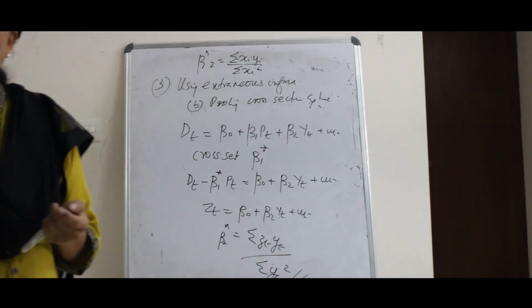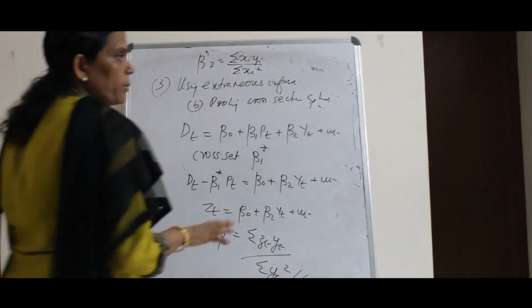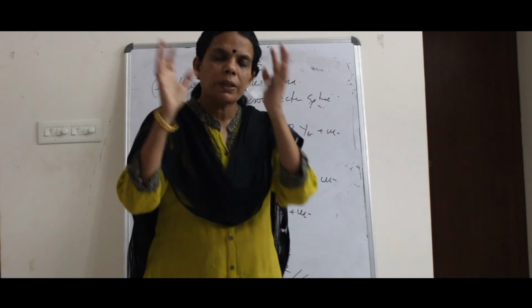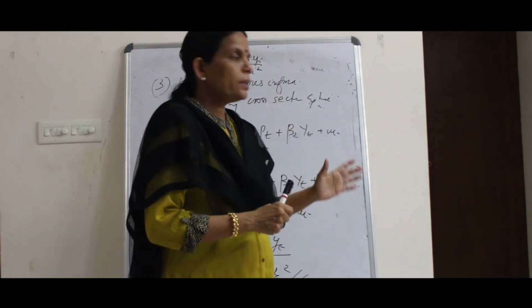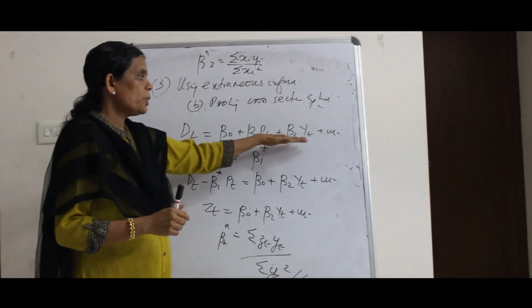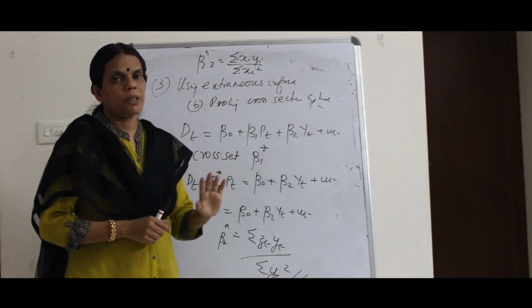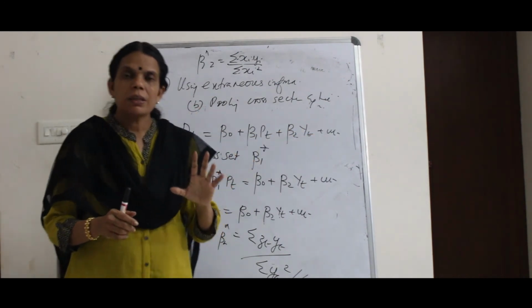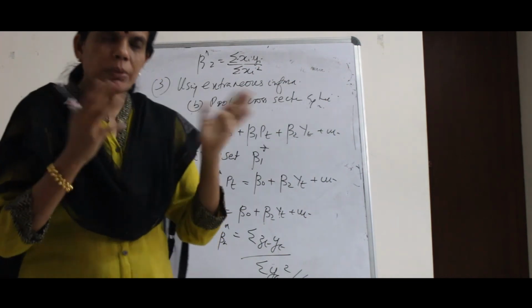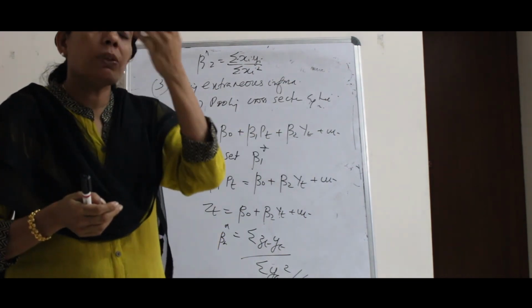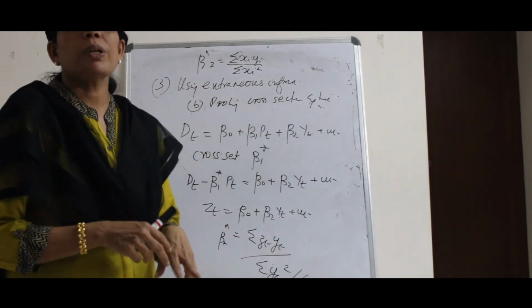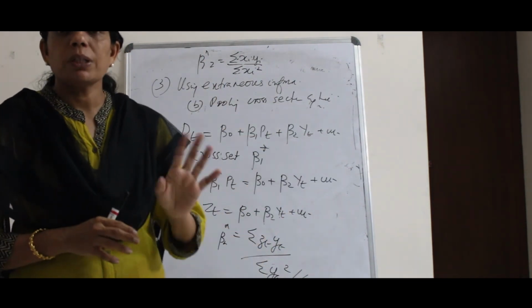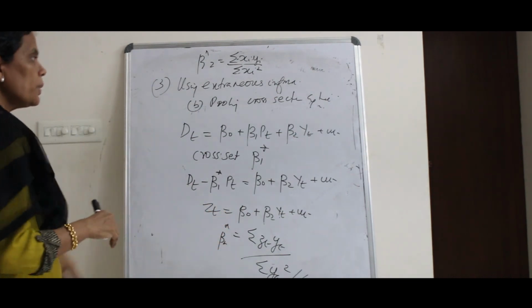So you can use extraneous information. Extraneous information just means you are using some other result in order to find the coefficient of the variable which is multicollinear. So if you have x2 and x3 and by some other study you get the value of the coefficient beta 2, use that here and then use your data to find the value of the other coefficient, beta 1.